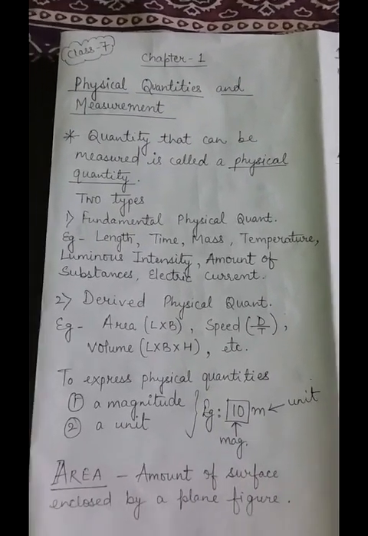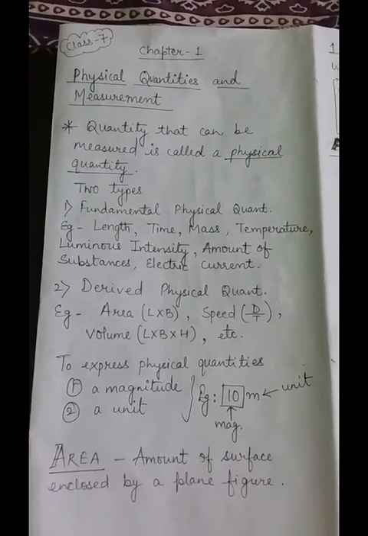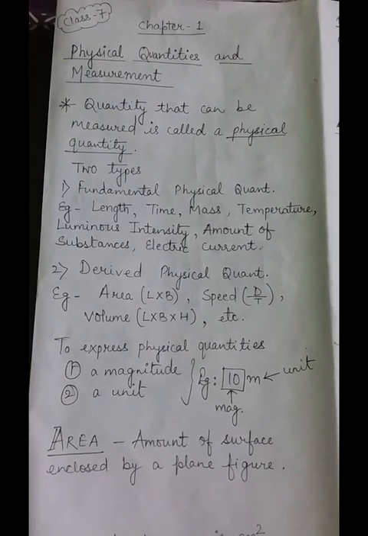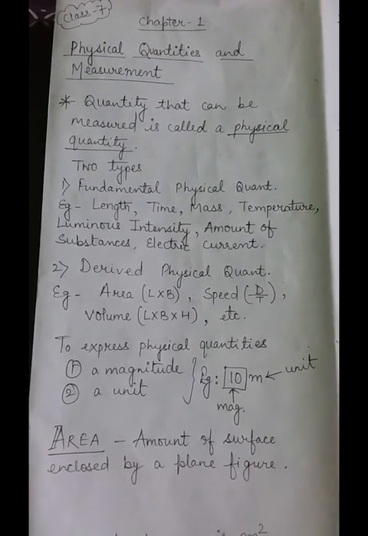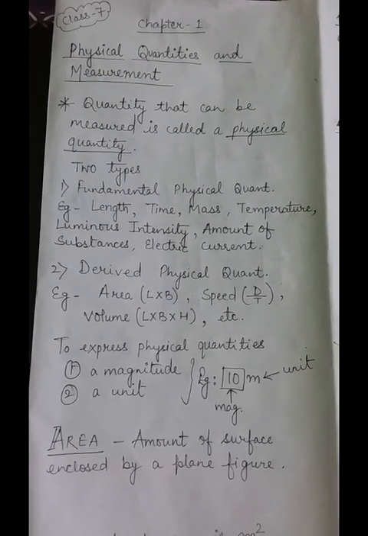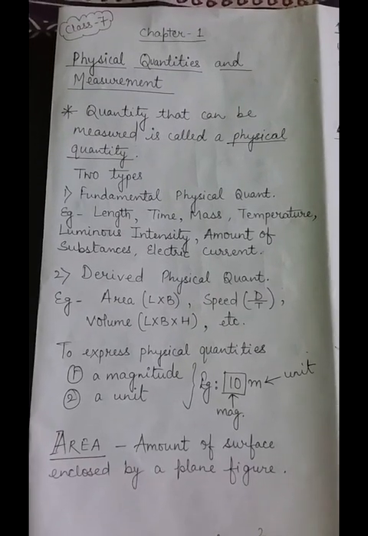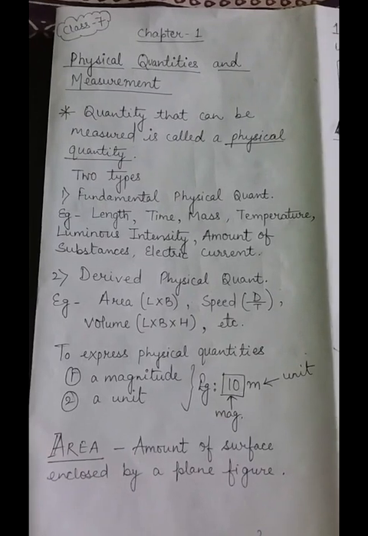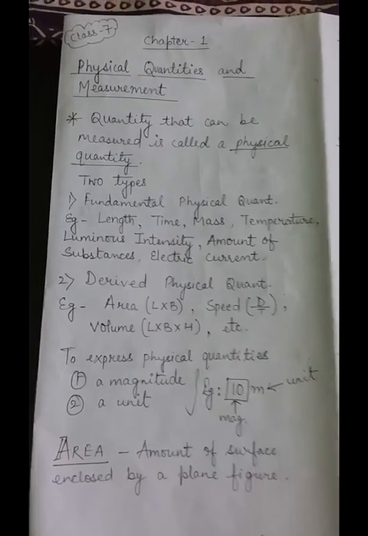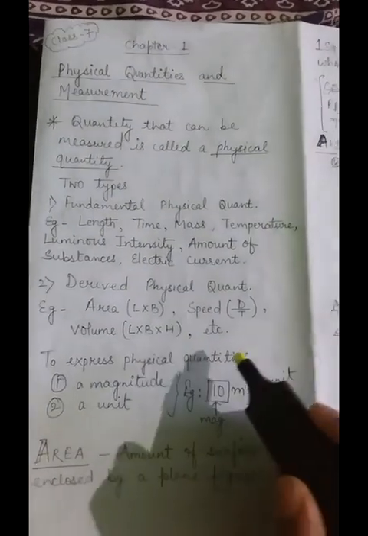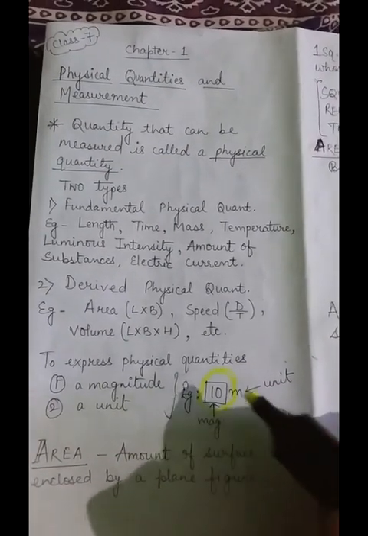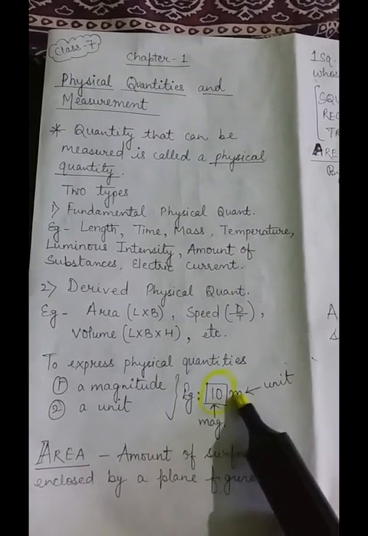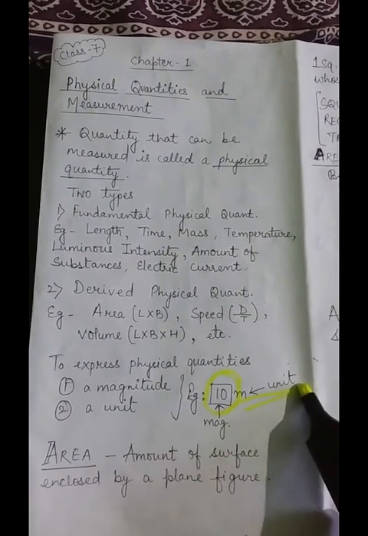So to express physical quantities, we always need a magnitude and a unit. For example, if we say the length of a pencil is 10 meter, 10 gives you the magnitude, the value, and meter is its unit.